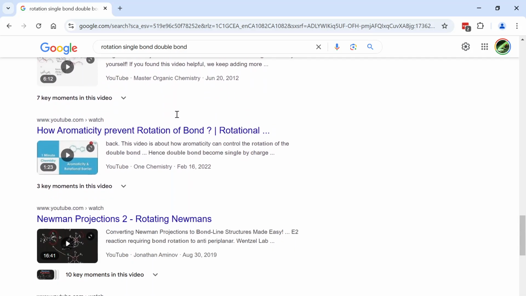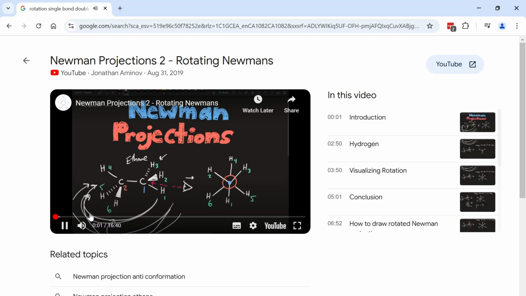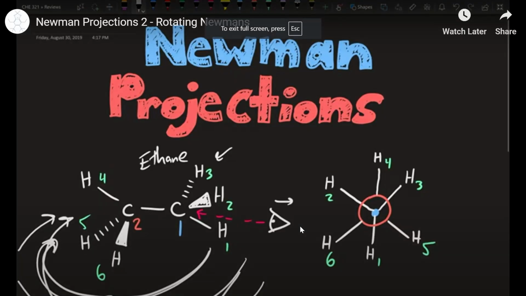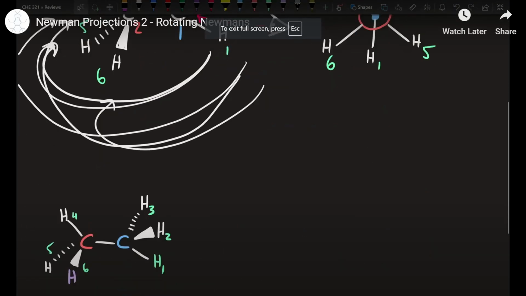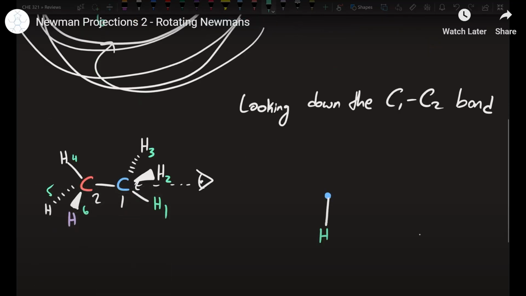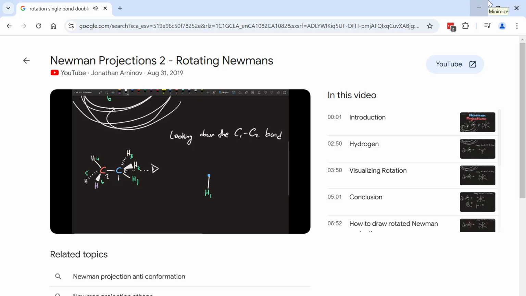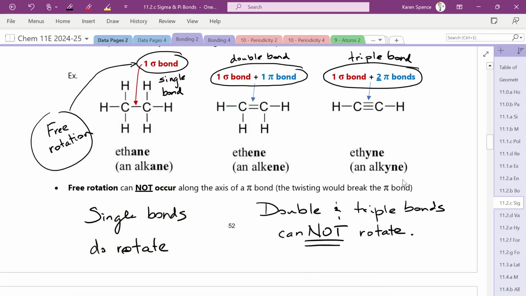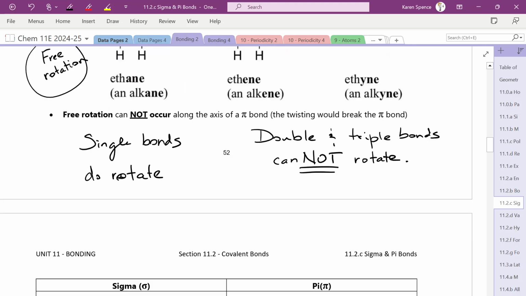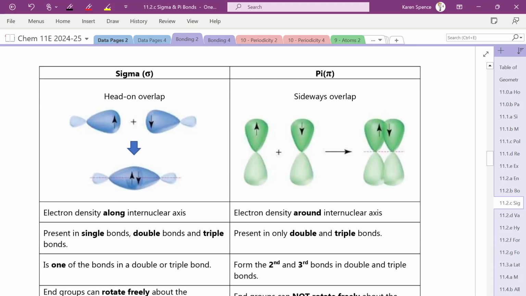This doesn't look any better than anything I could do. Oh, here we go. Maybe. Or maybe not. I'm going to just get you the models so you can see them tomorrow in person, like in 3D. All right, so let's not worry about that too much right now. If you don't understand why a single bond can rotate and the double bond can't, don't worry about it. We'll get to it tomorrow.